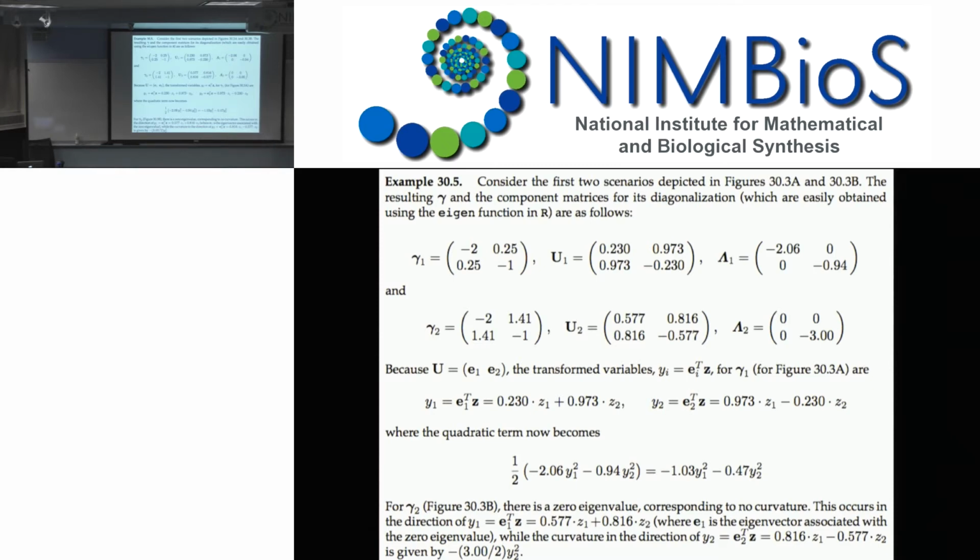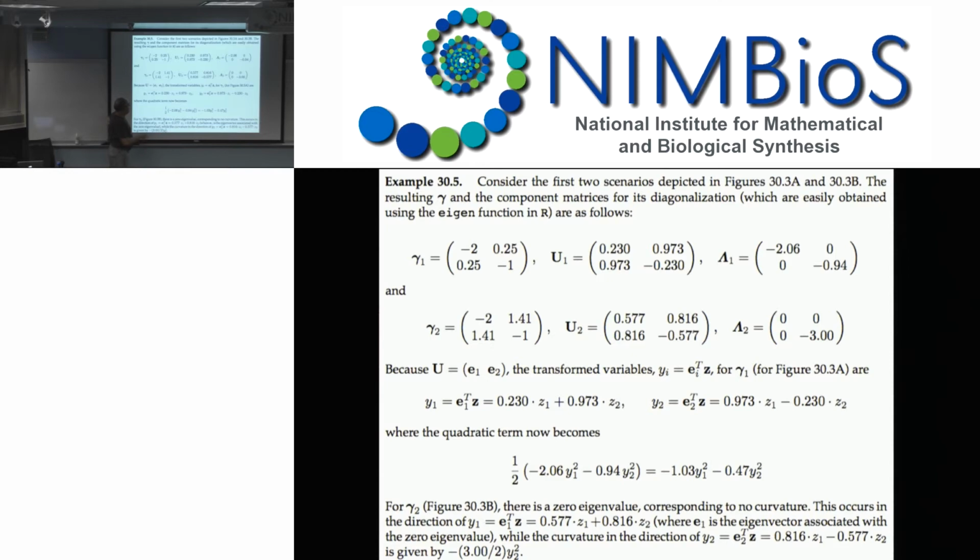That direction has a slope of minus 3. So in here, y1 is E1 transpose times z. It means that times trait 1 plus that times trait 2. y2 is E2 transpose times z. That times trait 1 plus that times trait 2.